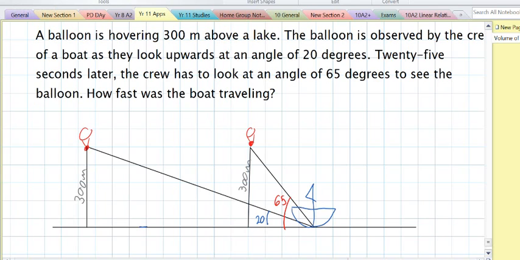So if you fix a point on the corner of the wall and ceiling up there, as you move closer, the angle increases. You see that? So if I know those two angles, this low angle and this high angle here, then how can I find out how fast I'm going?